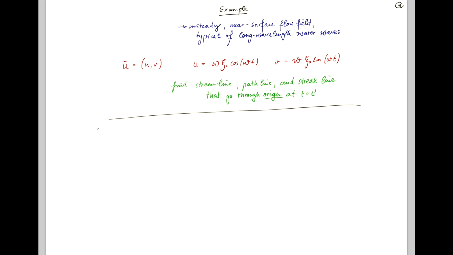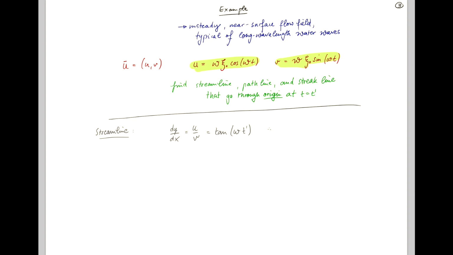So let's start with the streamline. We learned earlier that dy/dx is v over u, and if you plug in your expression for u and v, you get tan omega t, and we're interested at time t dash, so it's tan omega t dash.